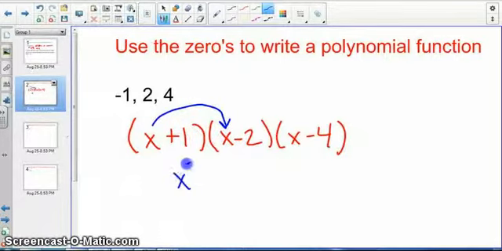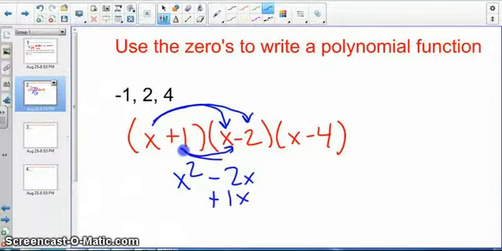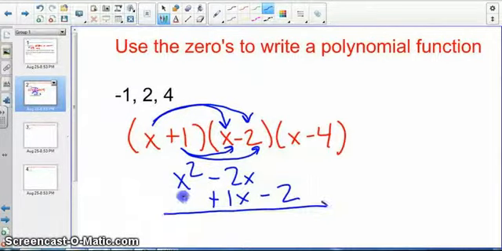X times x is x squared. X times negative 2 is negative 2x. 1 times x is 1x. 1 times negative 2 is negative 2. Now I'm going to combine these. So I would have x squared, combining my like terms, negative 1x minus 2.